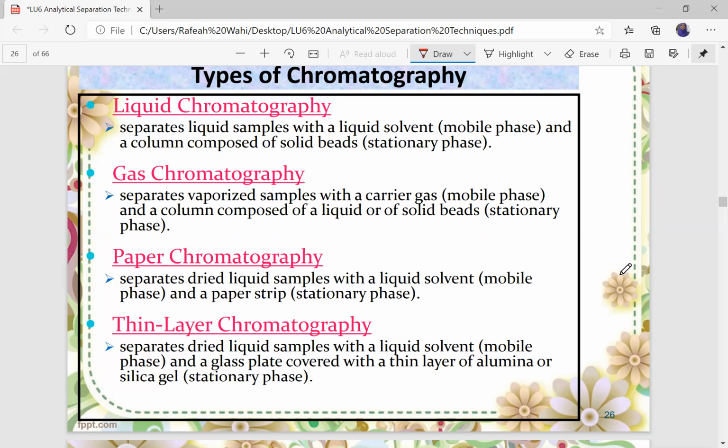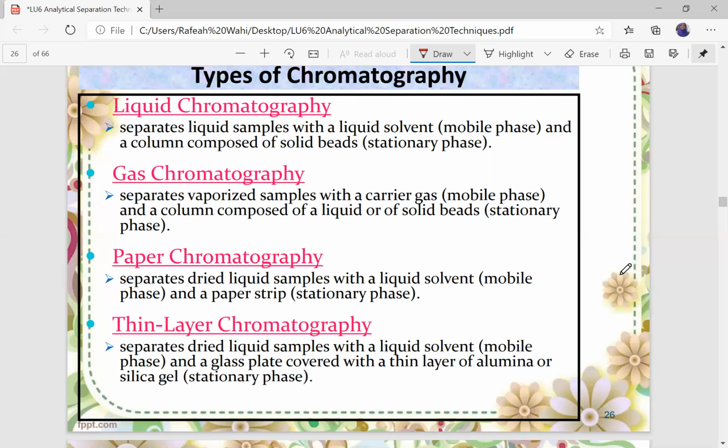So this is all about gas. You vaporize your samples and separate them with carrier gas as the mobile phase, and a column composed of a liquid or of solid beads as the stationary phase. We'll learn after this the meaning of mobile phase and stationary phase. Right now we just want to know what types of chromatography analysis are available.